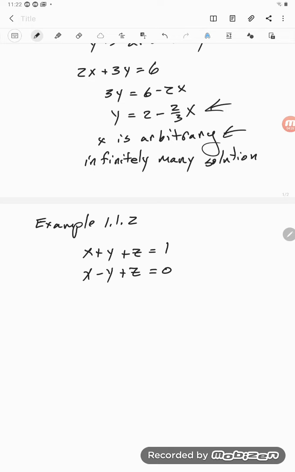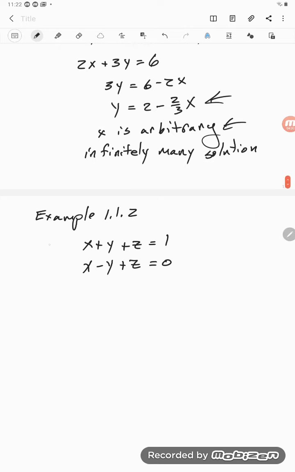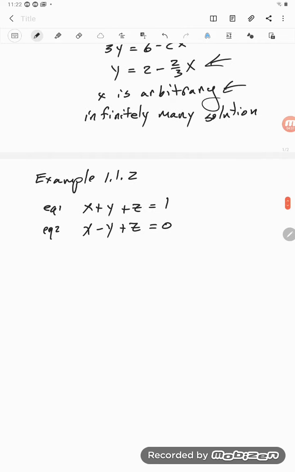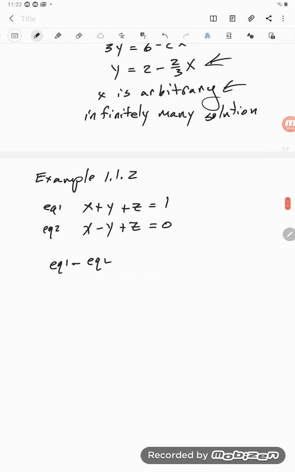Now, here, to get the solution, here's equation 1, here's equation 2, and what they would like to do is take equation 1 minus equation 2, is the way they state it. Now, what are they really doing? Well, you could say that what they're doing is subtracting 0 from both sides of equation 1.